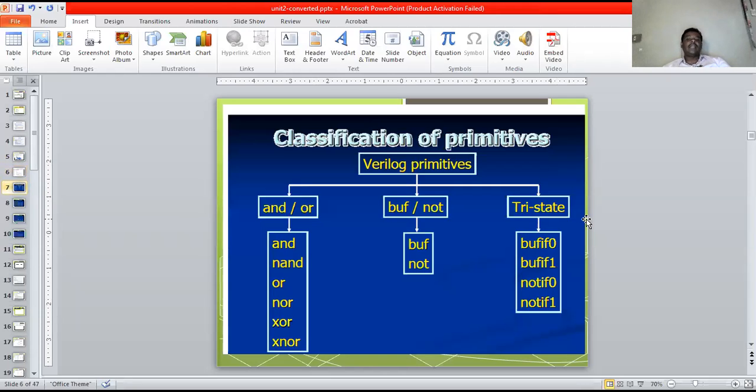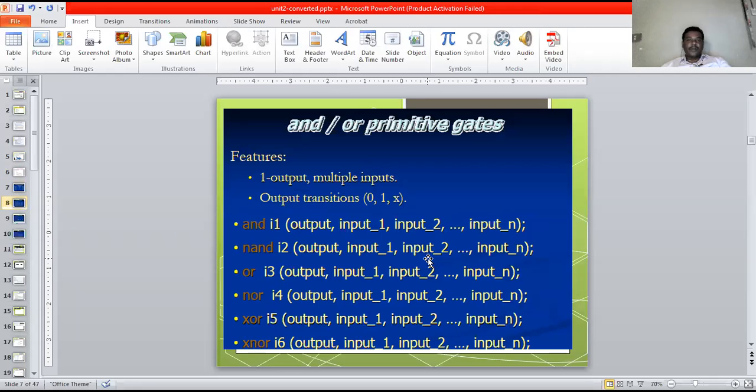Next, we already discussed the classification of the primitives in a clear picture. It can be classified into AND to XNOR, which is one type of classification, then tri-state gate classification, and then buffer and NOT gate classifications here. Okay, students, these are the classifications of the primitive gates here.